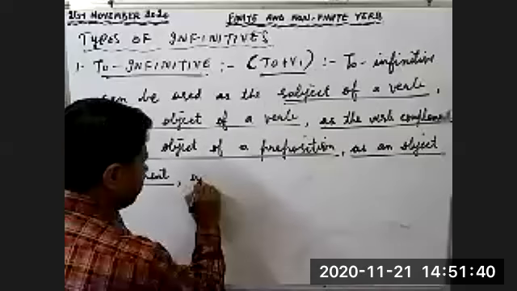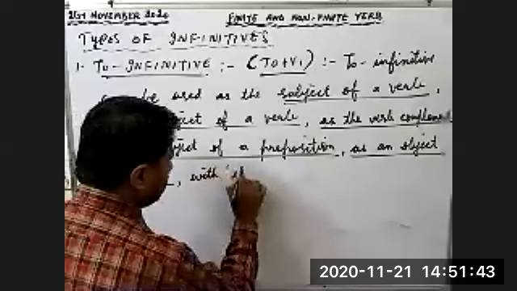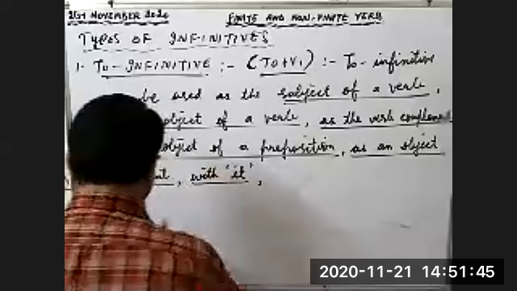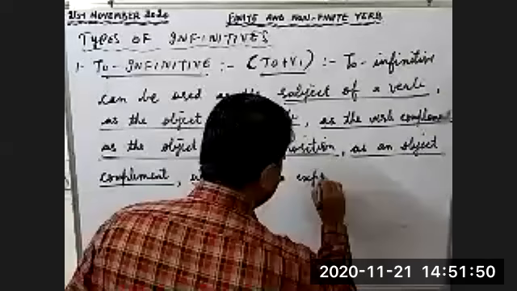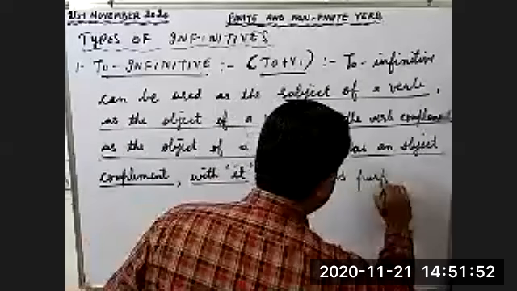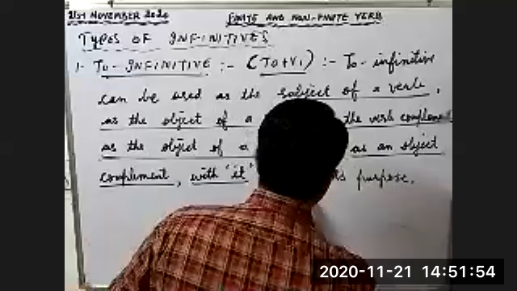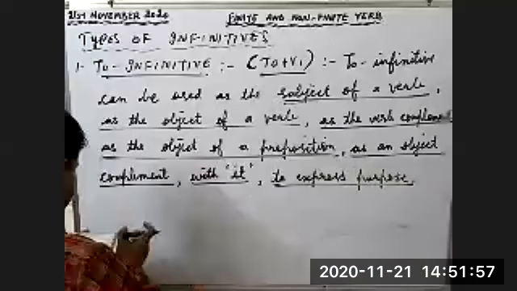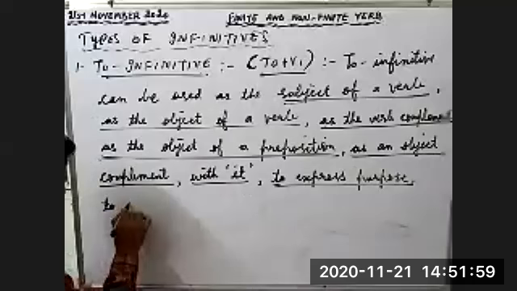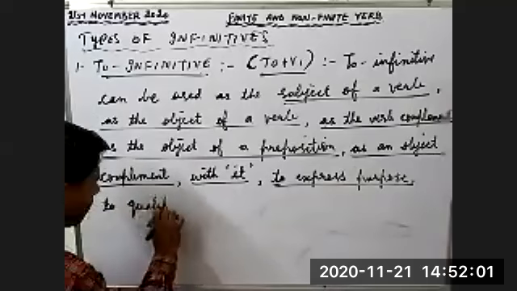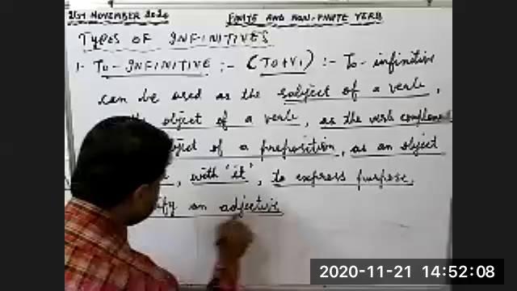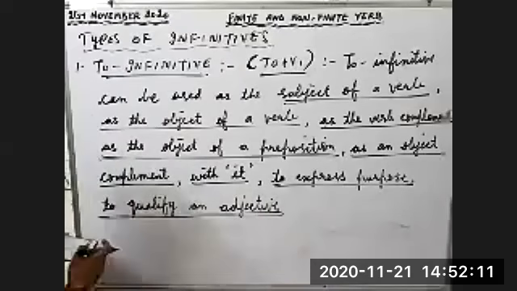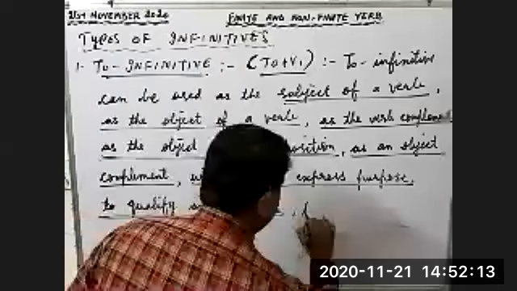We can use it with it also. With it, this is the sixth use. To express purpose. This is the seventh use of to infinitive. Eighth use is to qualify an adjective. 9th use is to qualify a noun.